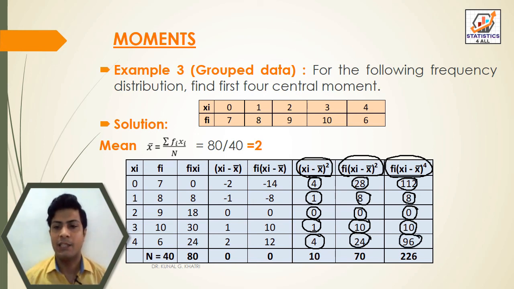Now we take the sum of fi into (xi minus x bar) raised to power 4, we get the value 226.